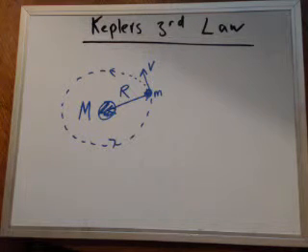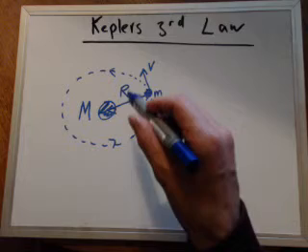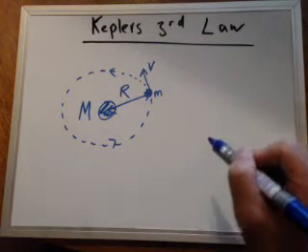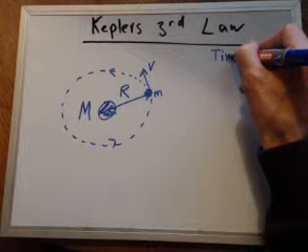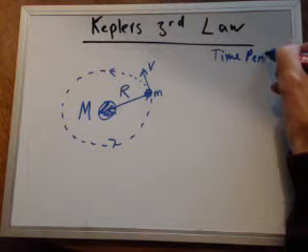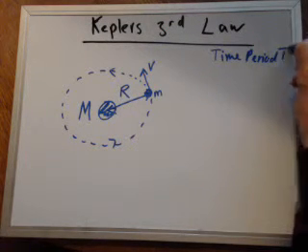We're going to derive an equation that relates the radius r to the time period T.